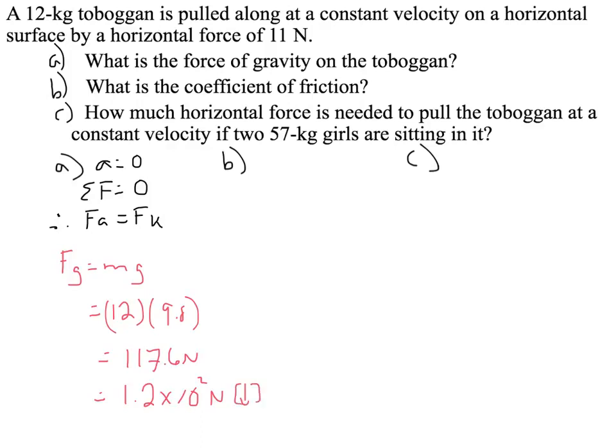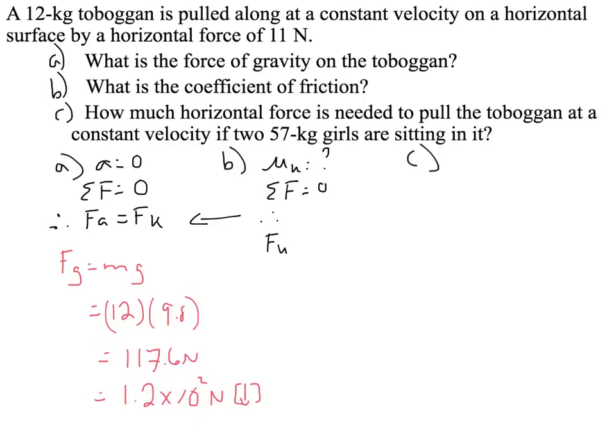B says, what is the coefficient of friction? Okay. Well, we know our equation. Mu k is what we are looking for. We know our sum of forces is going to equal 0. Therefore, as I stated over here, F applied is going to equal Fk.